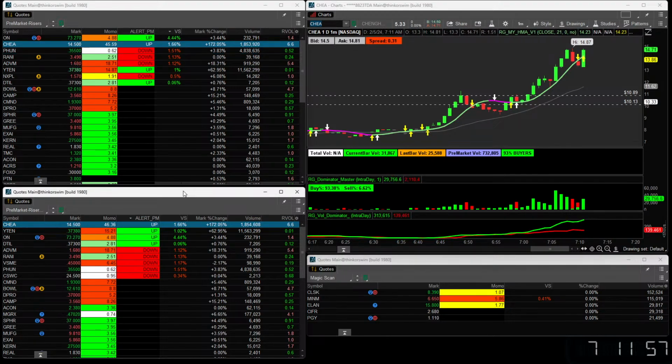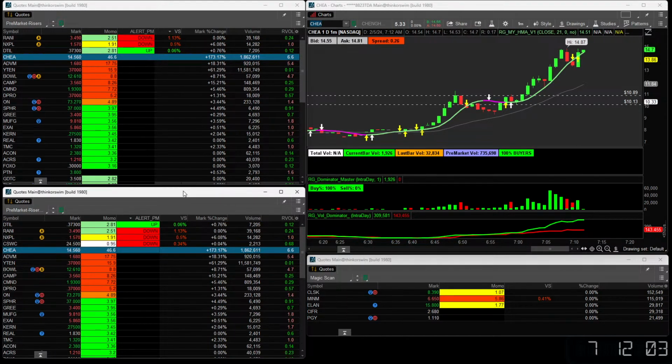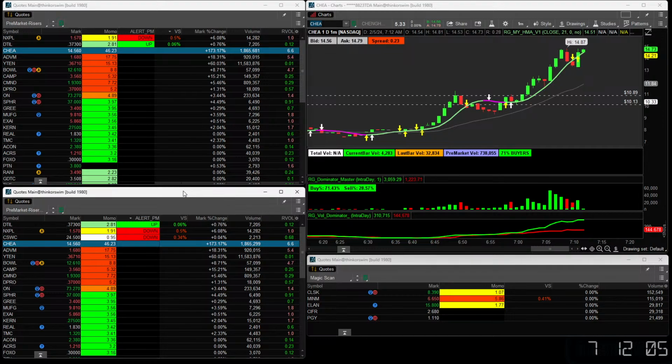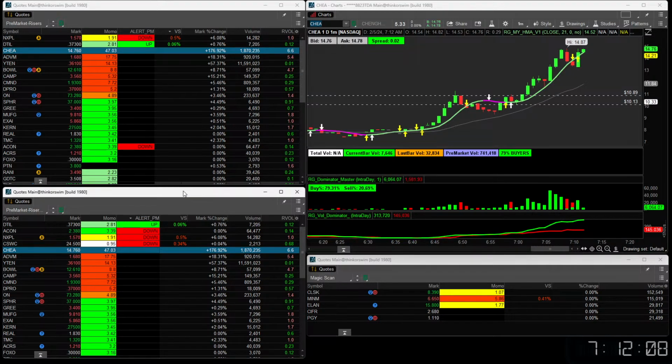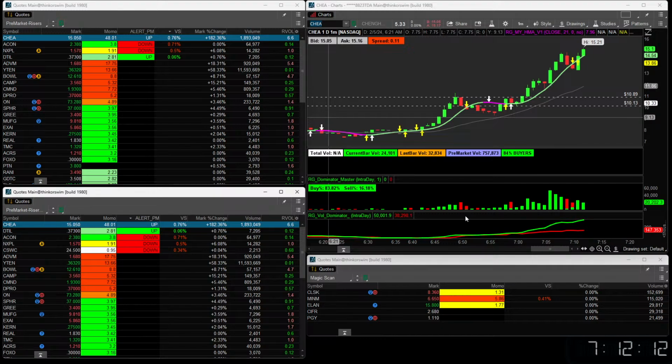Chia holding its own here. It looks like it may try to go up. It may get some more strength here and run up some more. Don't buy it on my words, though. Watching the volume bars right here in Dominator Master, they're growing tall.